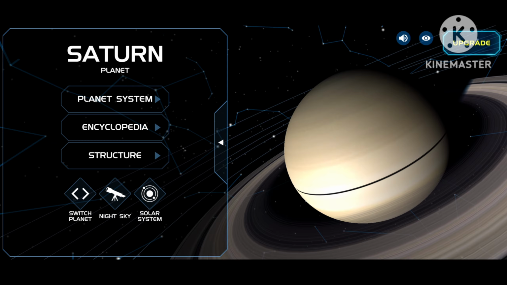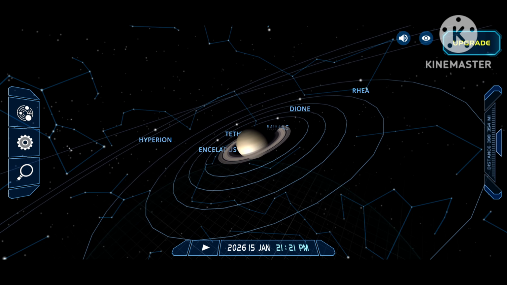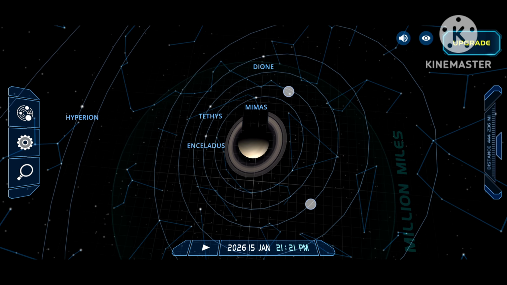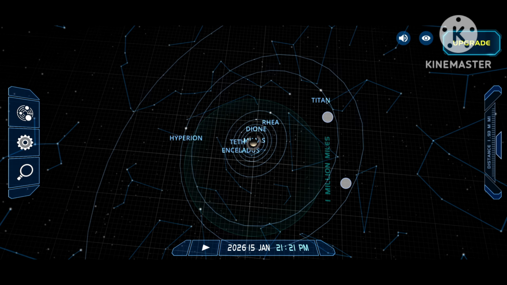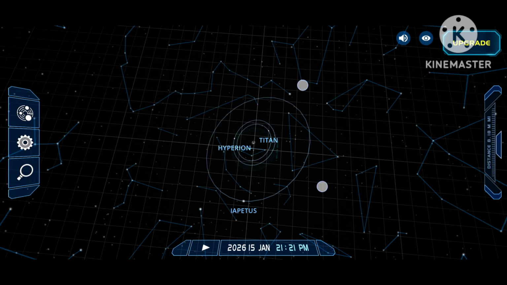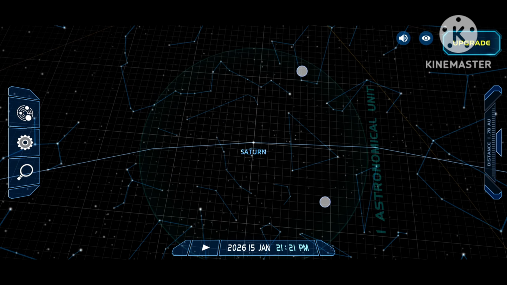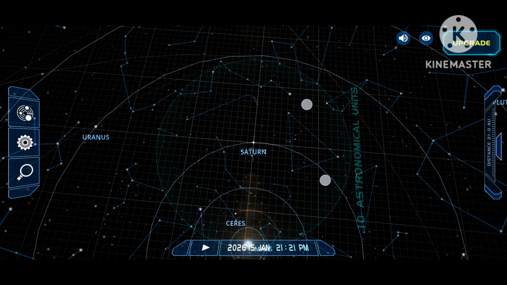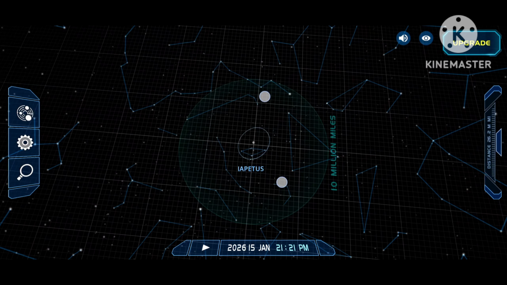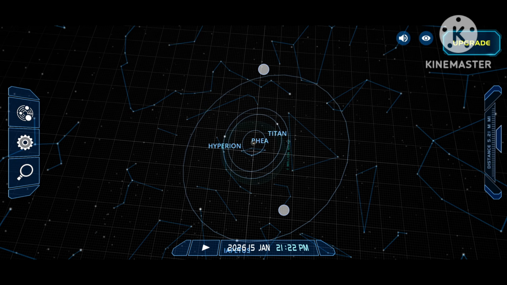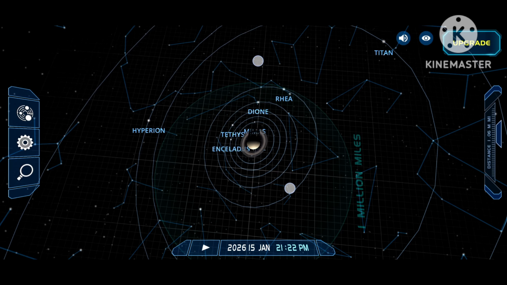Now we will move further towards the next one, after Saturn. There are some natural satellites of Saturn.